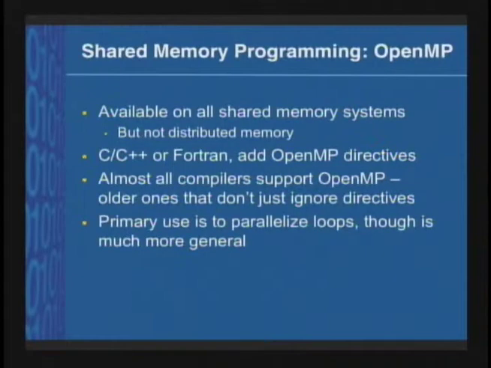Now let's look at shared memory programming. You could run MPI on a shared memory system. And in fact, the interesting thing is MPI will run a little bit faster on a shared memory system than on a distributed memory system, even though MPI is for distributed memory.